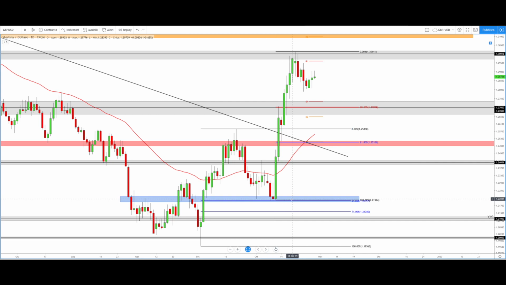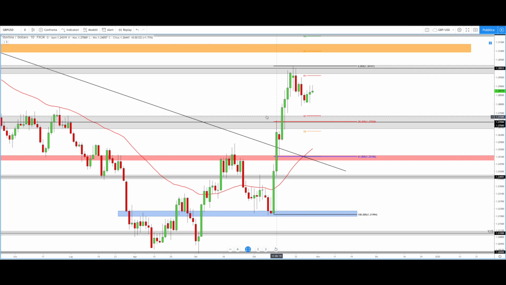Huge movement. But obviously after this huge bullish movement, the price gave us a strong bullish signal, because the price here broke this bearish trend line and obviously here broke a strong key level 1.27, starting a second bearish phase.